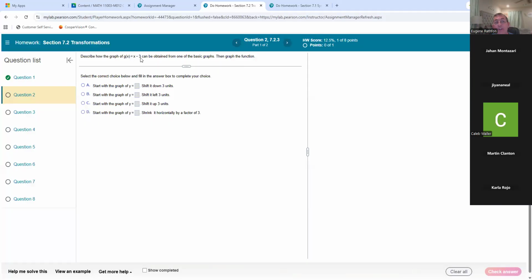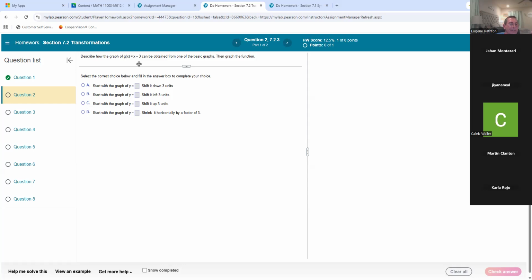So they're subtracting 3 at the end. It's not in parentheses. So by subtracting 3, is that going to move me up, down, left, or right? Then I'll be able to pick my A, B, C, or D.